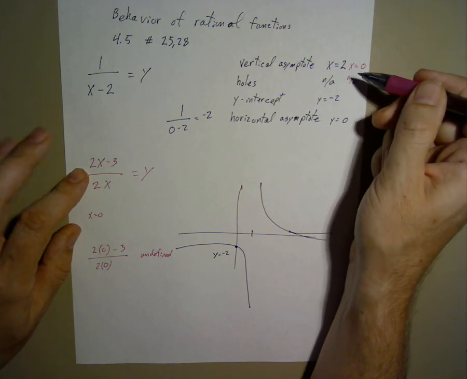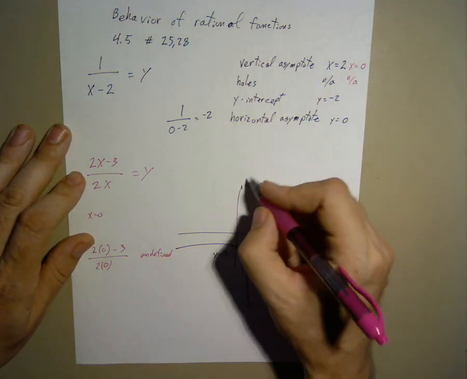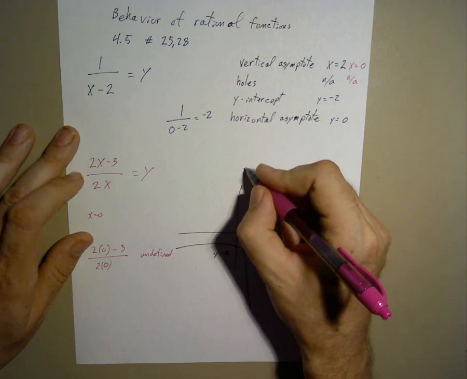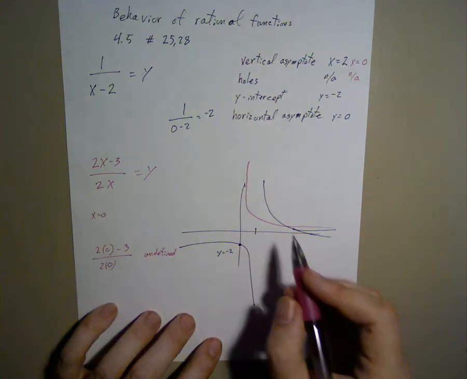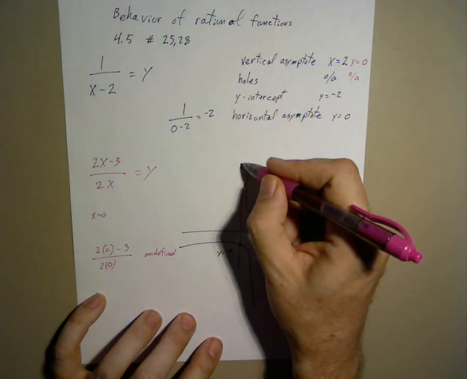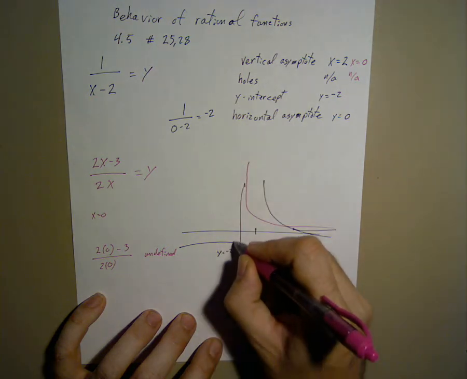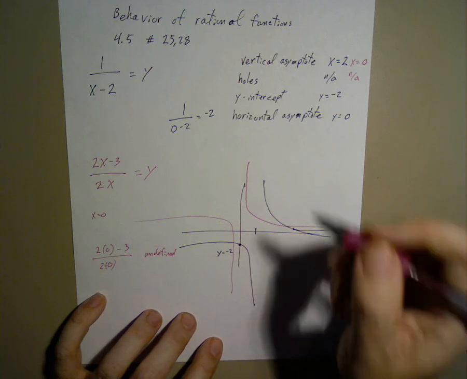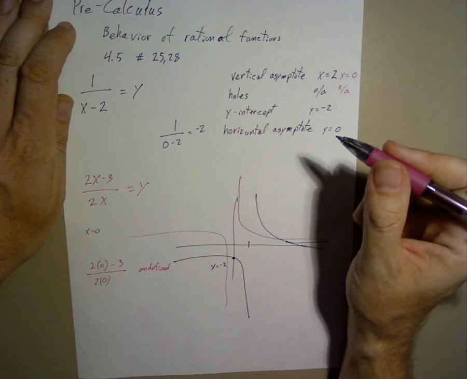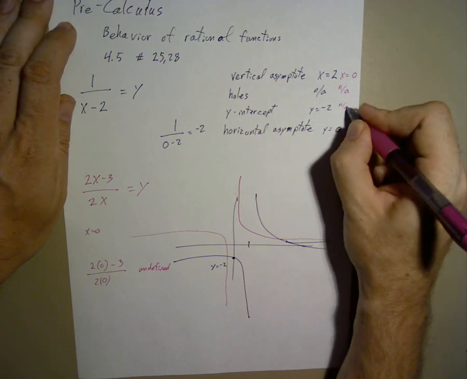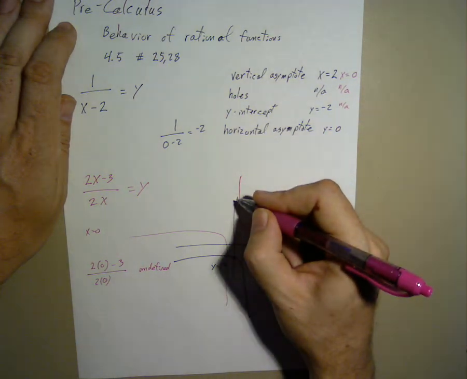This function will look something like this. So we have no y-intercept, because it never actually touches this line, because it is an asymptote there.